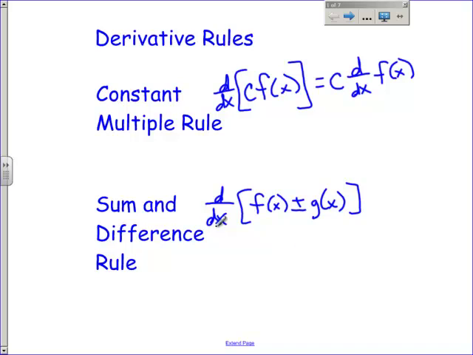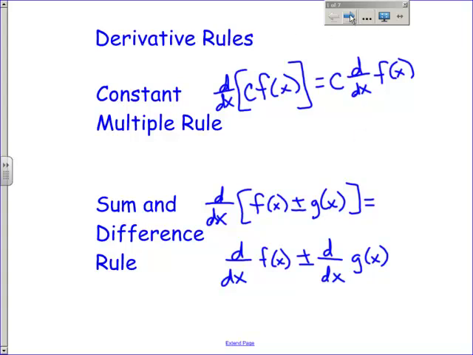So this would equal the derivative of f, and then plus or minus the derivative of g.